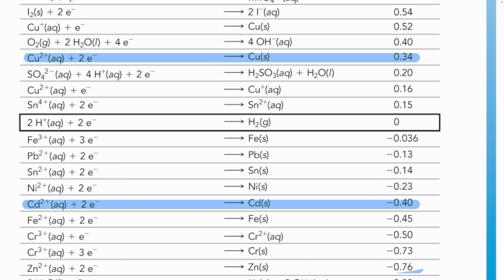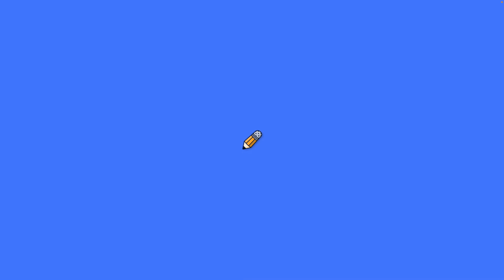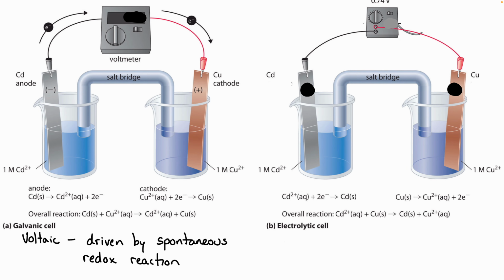All right, so remember, we're going to take our potential at our cathode and subtract the potential at our anode. So when we hook this up to our device here, we would expect to get a voltage of 0.74 volts.